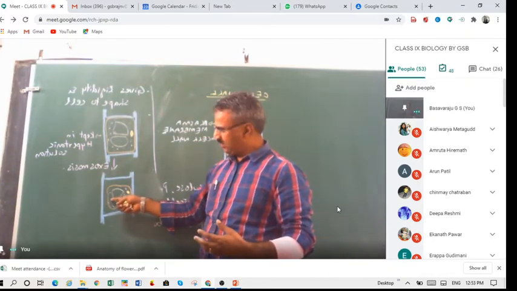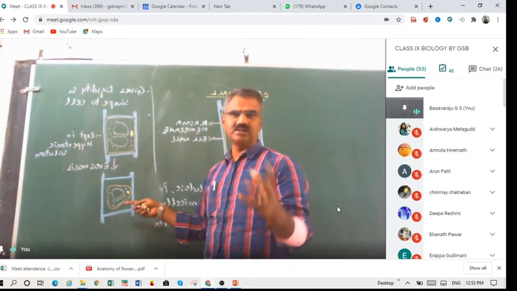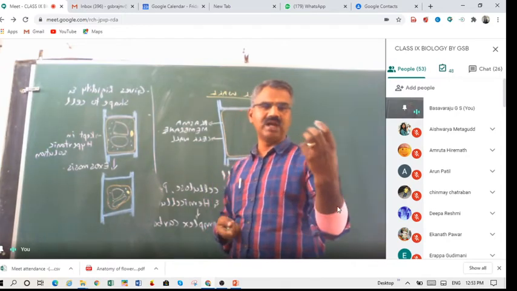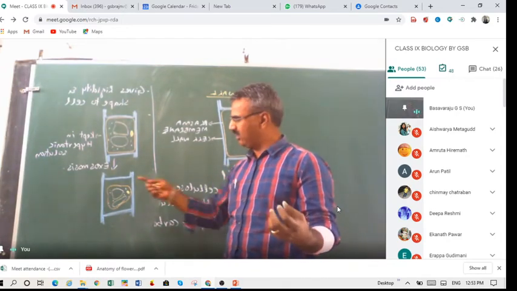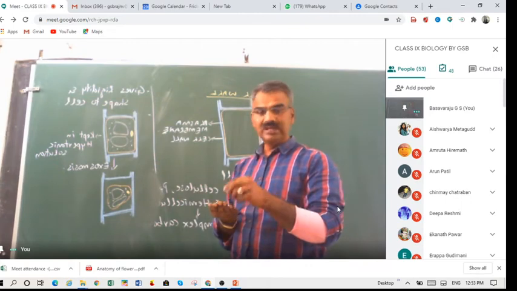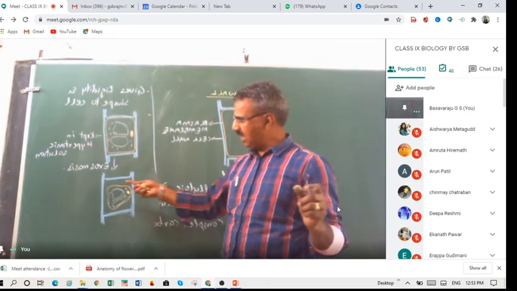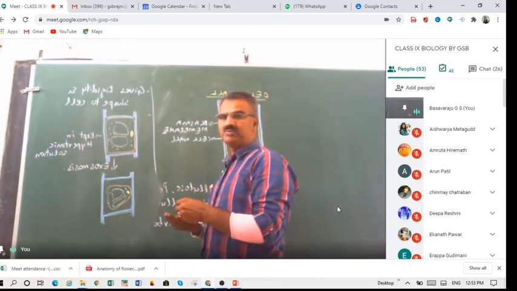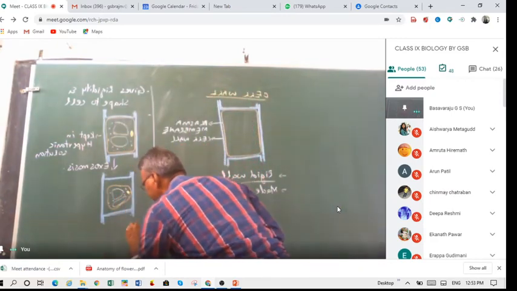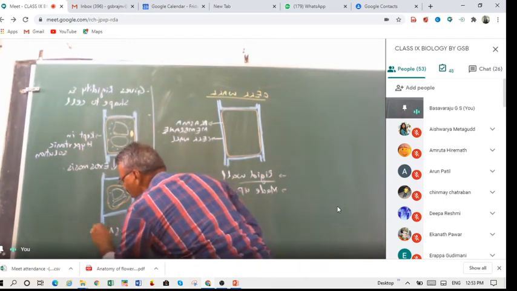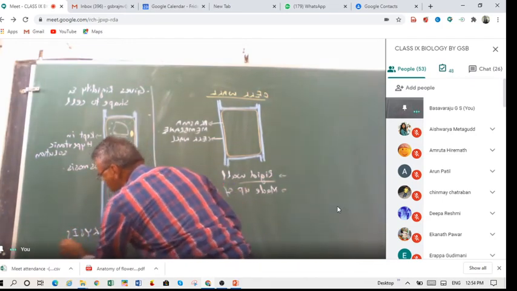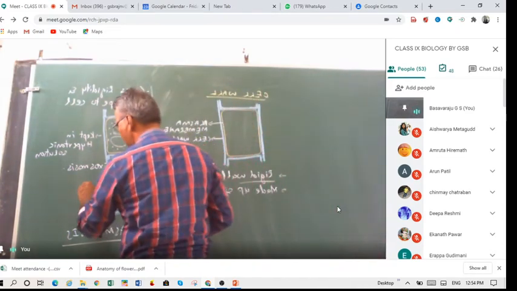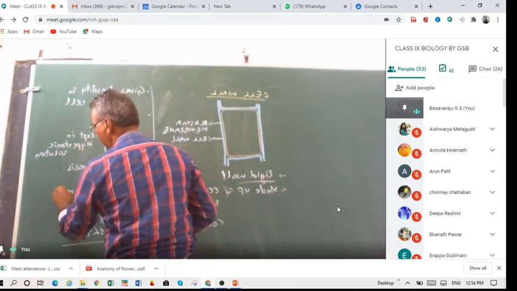Since loss of cytoplasm is taking place, the plasma membrane goes on shrinking, and ultimately the plasma membrane moves away from the cell wall, which we call plasmolysis. This cell is a plasmolyzed cell.